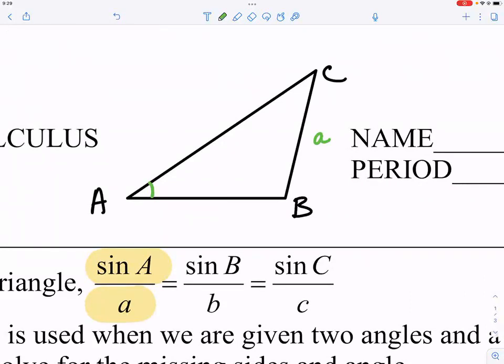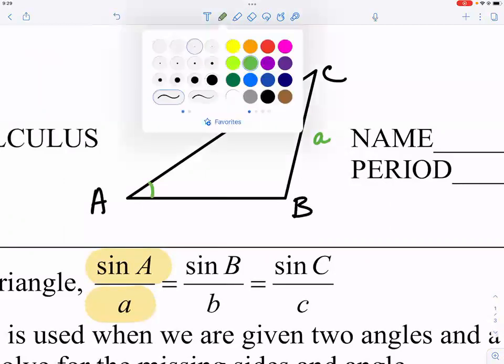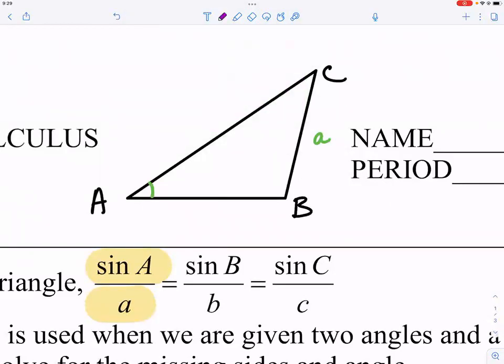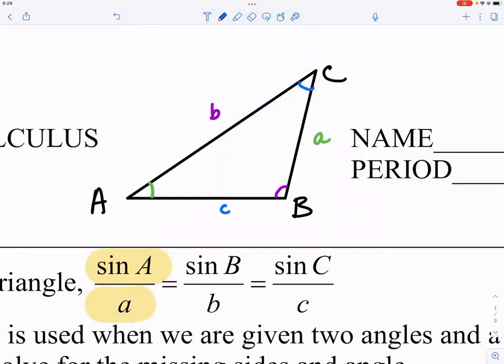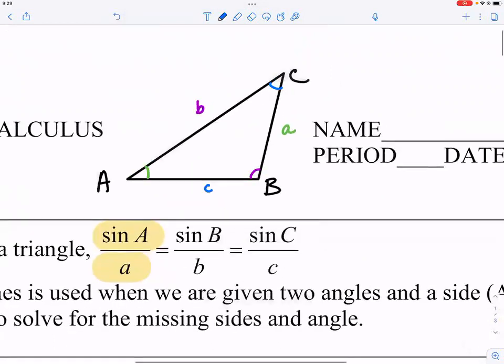So in this case, our small letter b would be between A and C, and your letter c would be the one at the bottom. So just have to be very focused. If not, it could cause some confusion here, so make sure that you label this.